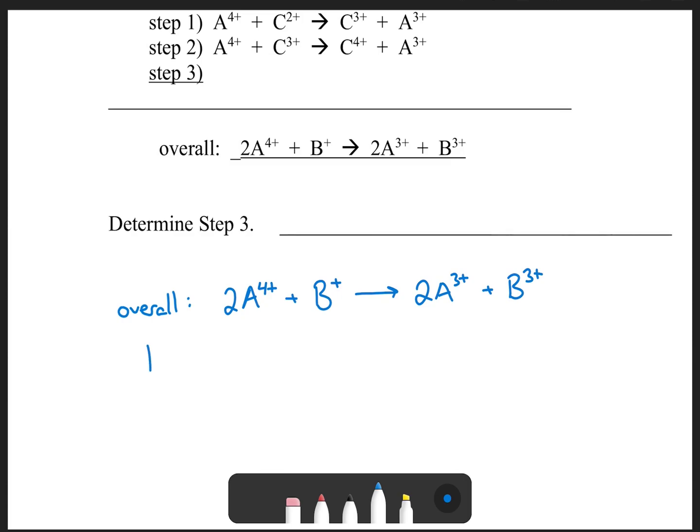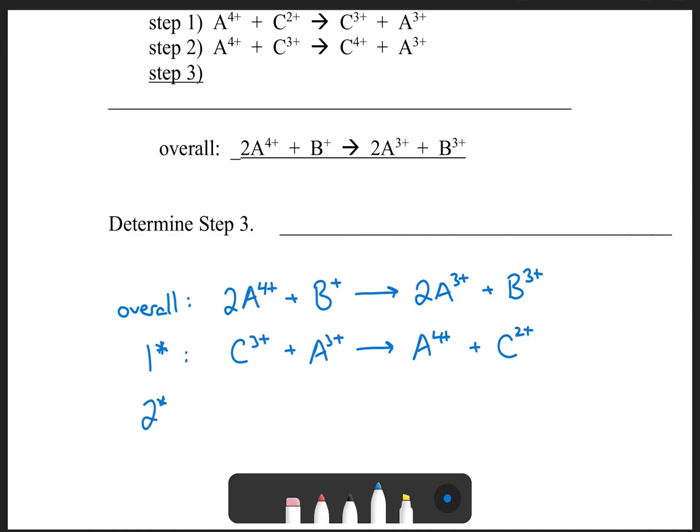And I'll take the given steps, but I'm going to modify them slightly. I'm going to take step 1, and I'm going to flip the reactants and products. So I'm going to call this step 1 star. And we will get C3 plus, A3 plus, A4 plus, and C2 plus.